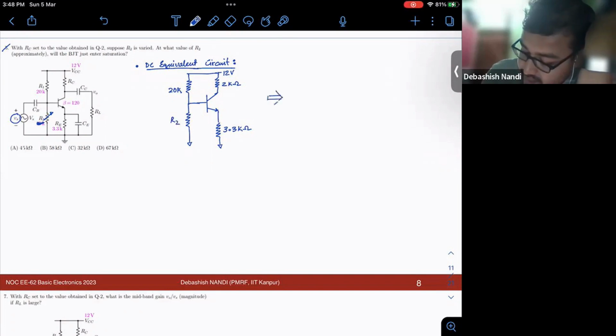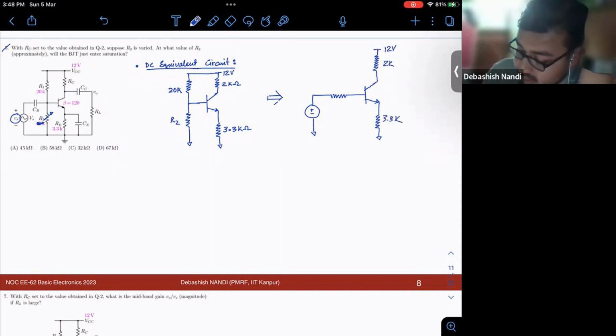So I can do like 12 volt, 2K, 3.3K. This is RTH, this is VTH.